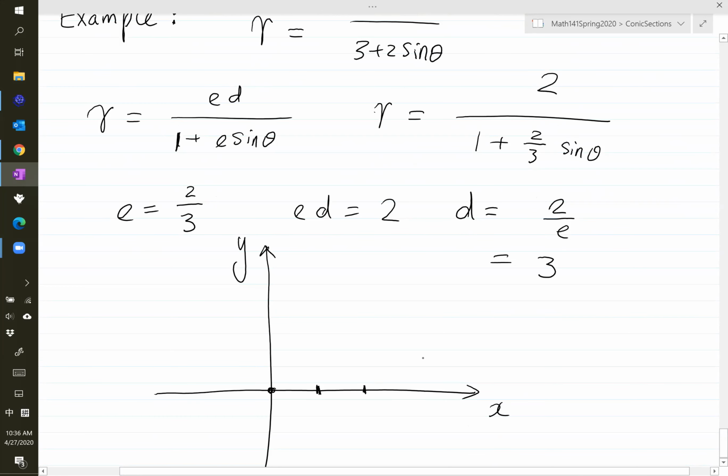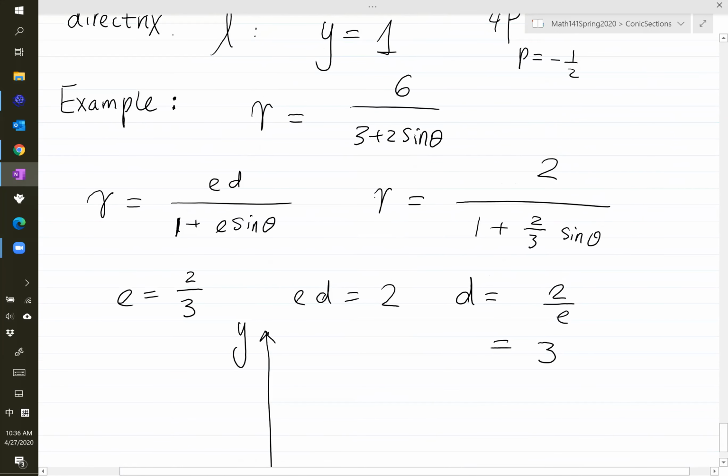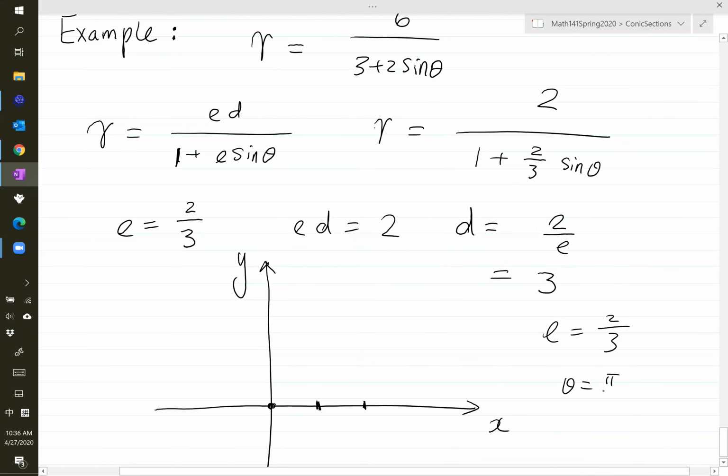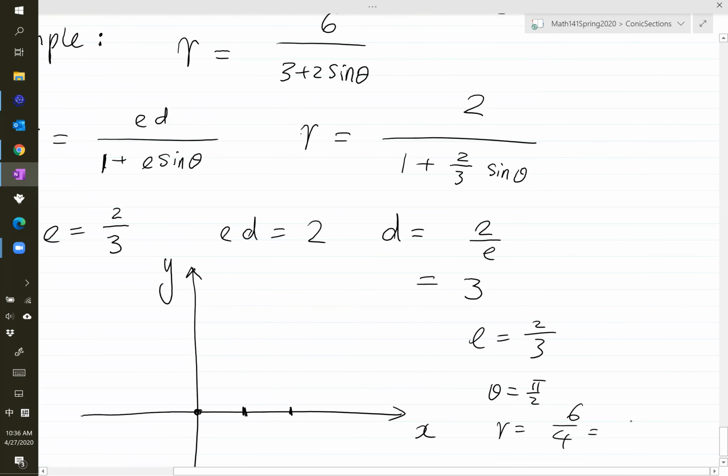When theta is pi over 2, we know this is an ellipse, E is 2/3, and we get R is 6 over 4, which is 1.5.